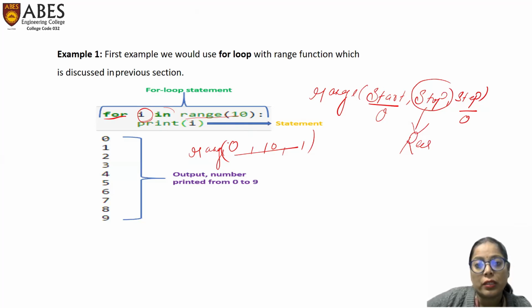It will find out yes, so 0 is printed. Again, it will go further on, and the same things will be repeated till 9. Once 9 is written, because we don't have elements after 9, it will find that there is no element in the sequence, so it will stop.